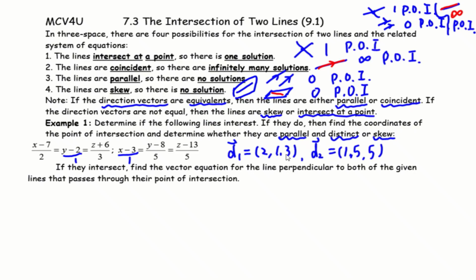Parallel means the x, y, z components will be a multiple of the other one. It looks like they are not a multiple, since from 1, 3 we can't get 5, 5, so they are not parallel. So they are going to be skew, or in the same plane to get one point of intersection.